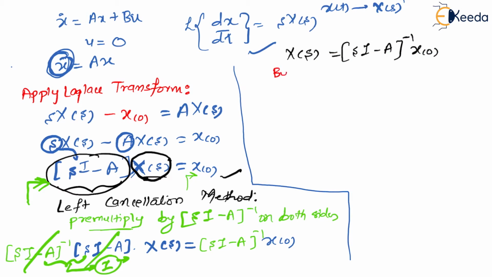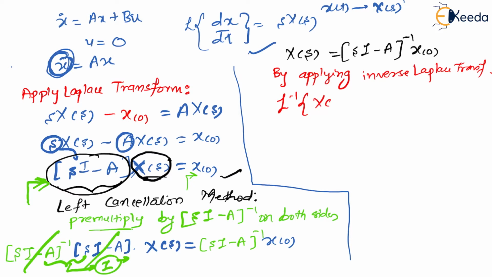By applying the inverse Laplace transform, what do I get here is Laplace inverse of X(s) is equal to Laplace inverse of (sI minus A) inverse into X(0), right?